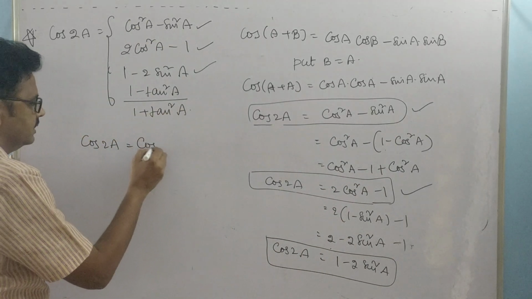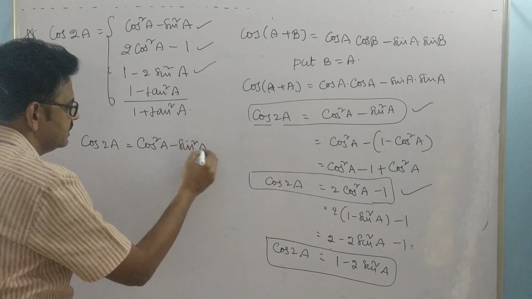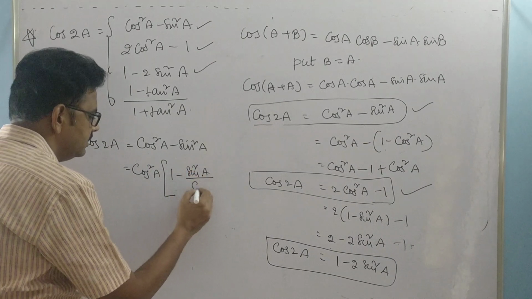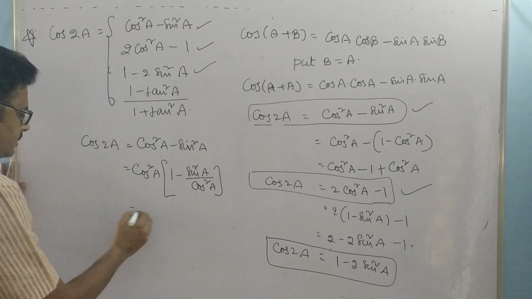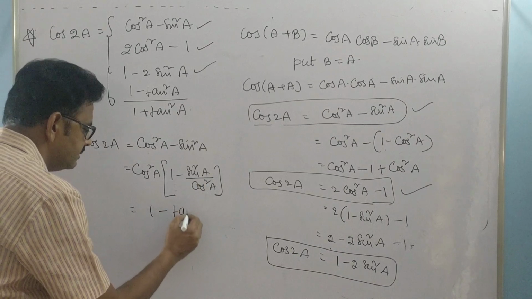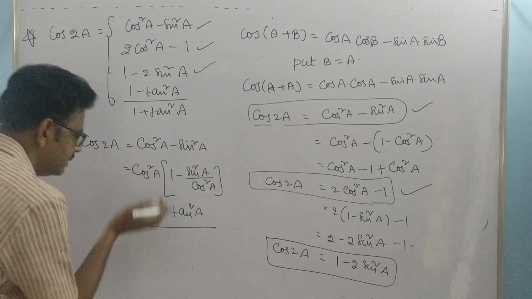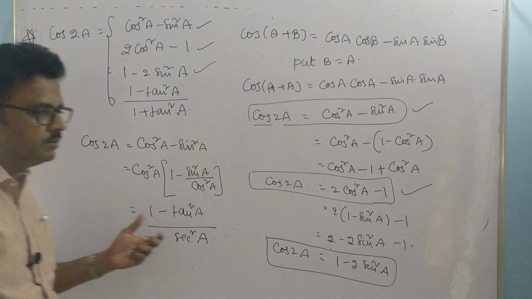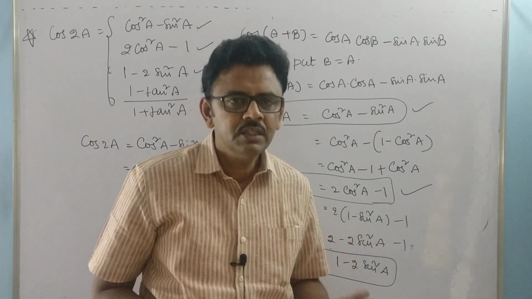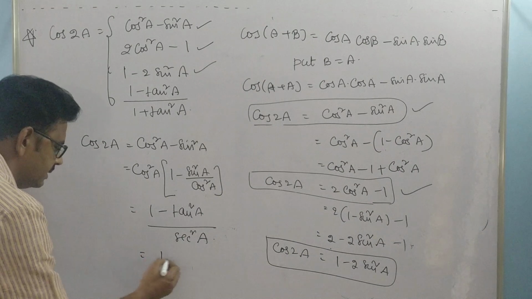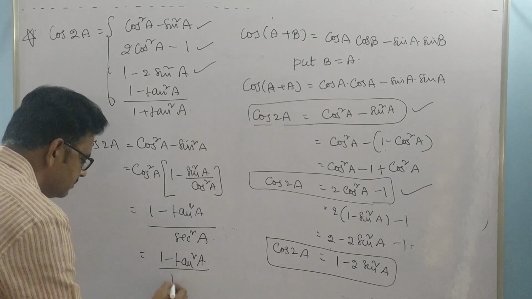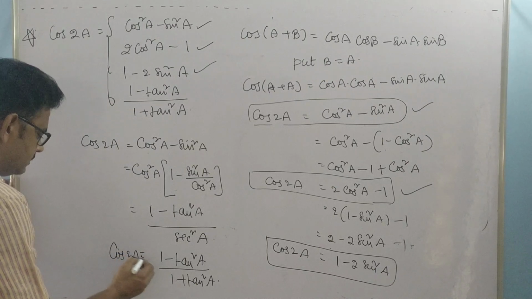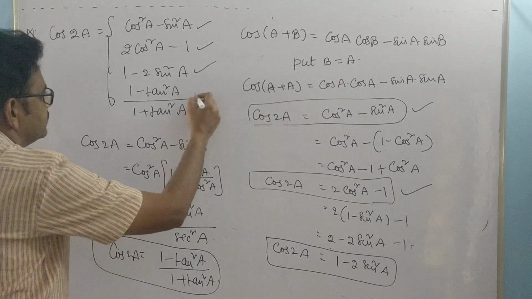Cos 2A is cos square A minus sin square A. If I take cos square A common, 1 minus sin square A by cos square A, this is 1 minus tan square A, by 1 by secant square A. So write by secant square A. Okay, we know that 1 plus tan square A equal to secant square A. Therefore secant square A equals 1 plus tan square A. So cos 2A is equal to 1 minus tan square A by 1 plus tan square A. So these are the formulas for cos 2A.